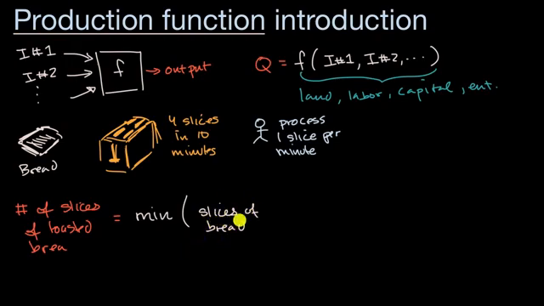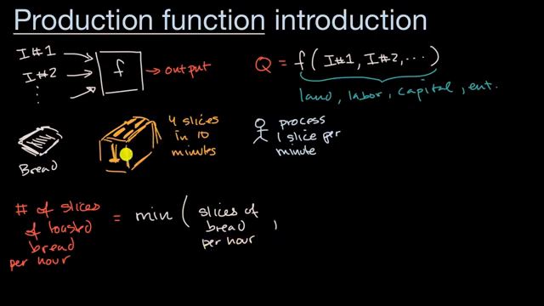And why does that make sense? Well, the amount of toasted bread you can produce is always going to be limited by the amount of untoasted bread that you put into your process. If you only have 60 that's going in per hour here, well, then you can only produce a maximum of 60 right over here. And this is going to be per hour. So this is going to be the slices of bread per hour.